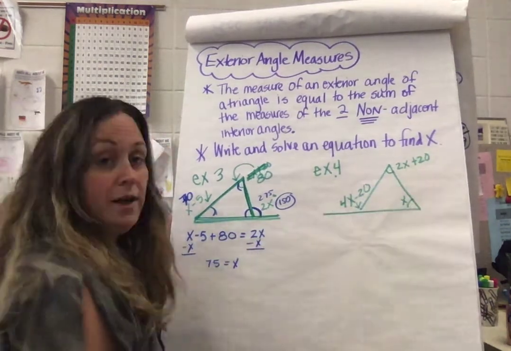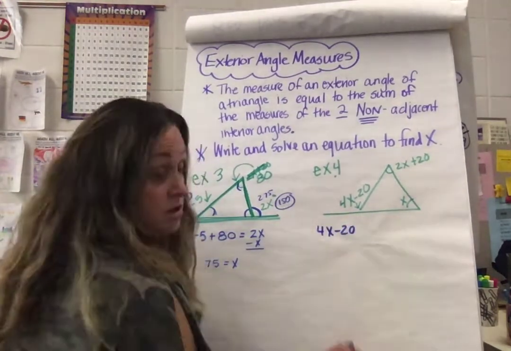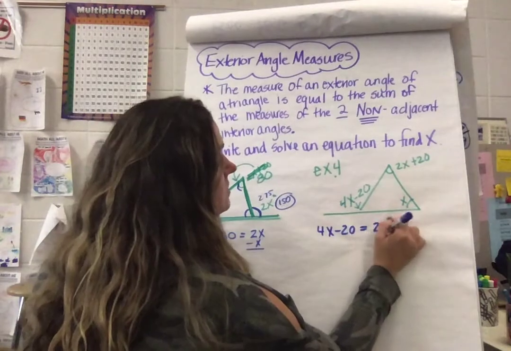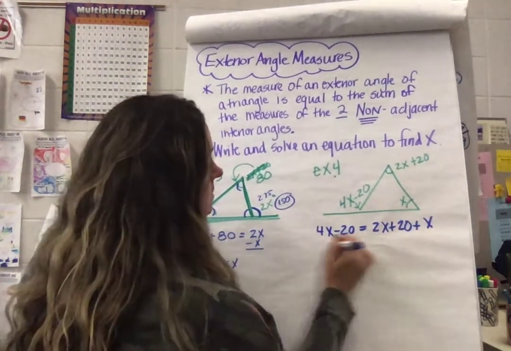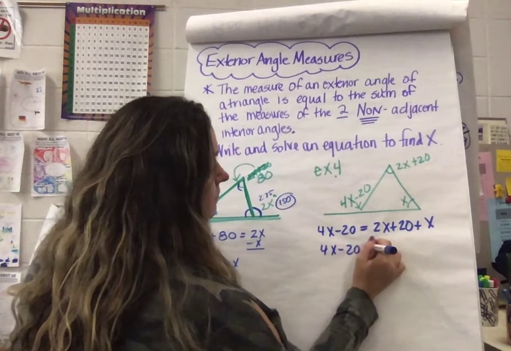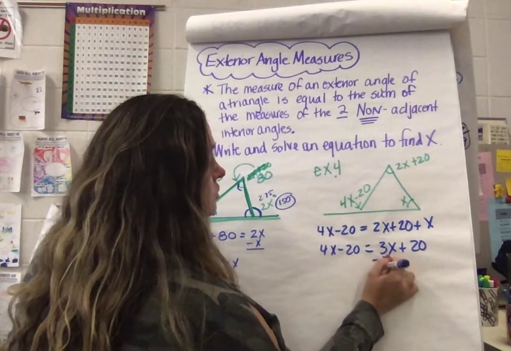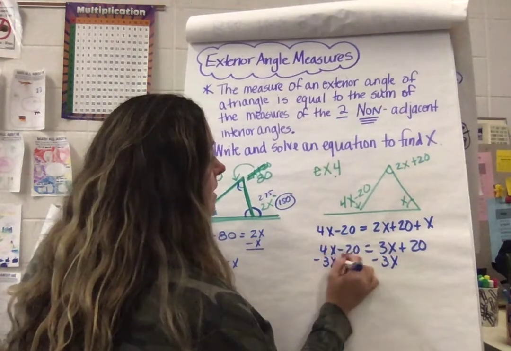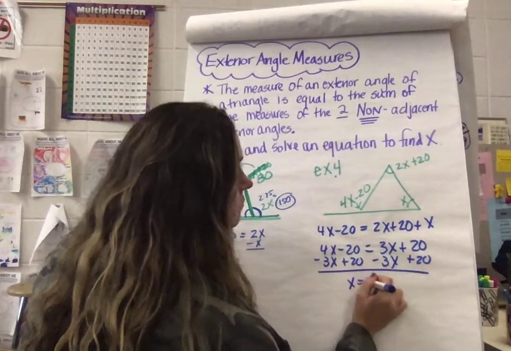All right, it works the same way in example 4. I know that 4x minus 20 is the exterior angle, and that's equal to the sum of the two non-adjacent interior angles. So I have 4x minus 20 equals 3x plus 20. I am going to subtract 3x and add 20. I end up with x equals 40.